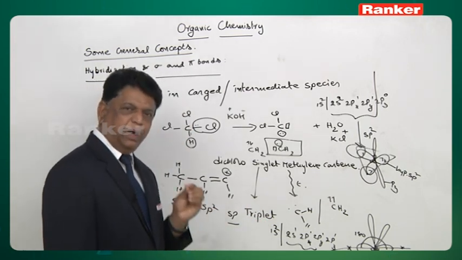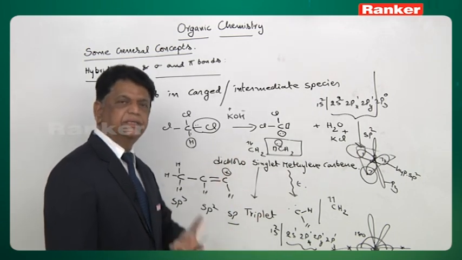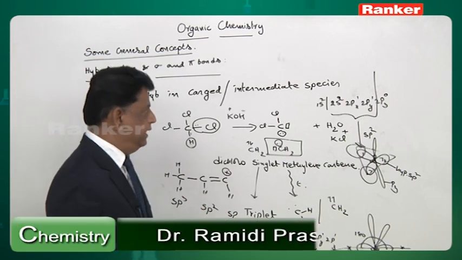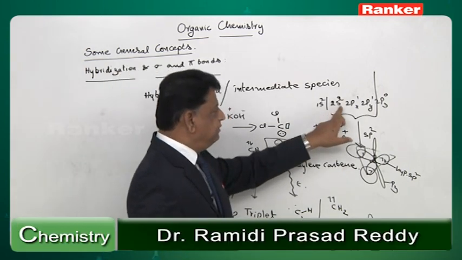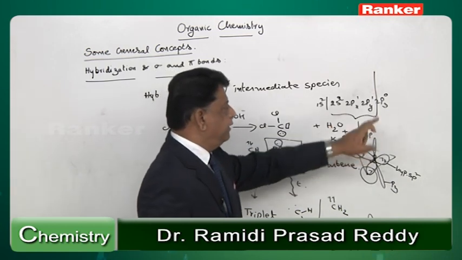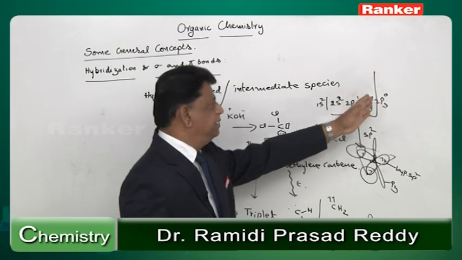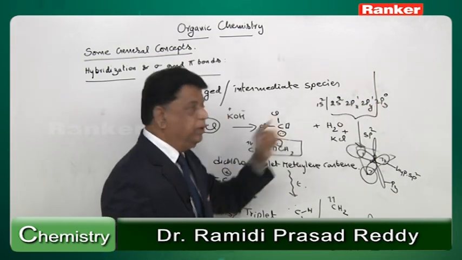Whenever you get a small lobe and a big lobe, that big lobe participates in the bond formation. Therefore, the strength of the bond overlapping increases. Therefore, inevitably, if there is any pair in the s orbital, it should participate. That side, if it is a vacant orbital or pi bond formation electrons, you can leave it, but this side you cannot leave it.